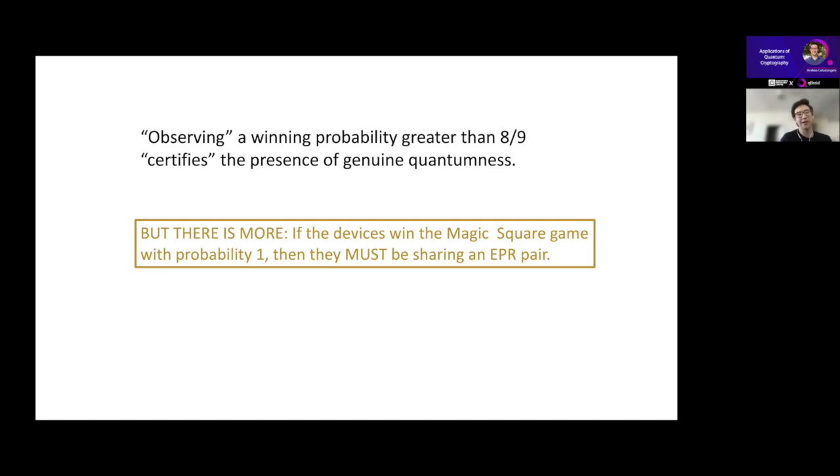And this state is the EPR pair. So not only can Alice and Bob certify the presence of entanglement, but if they actually observe that the two devices win all the time, then they have some statistical confidence that the joint state was most likely an EPR pair, right? So no other state could have produced a perfect winning probability.